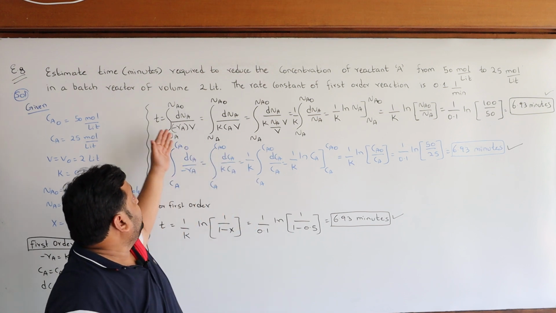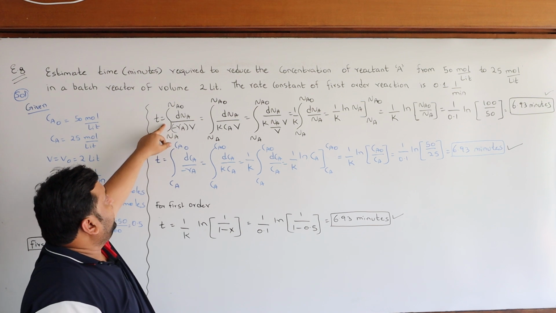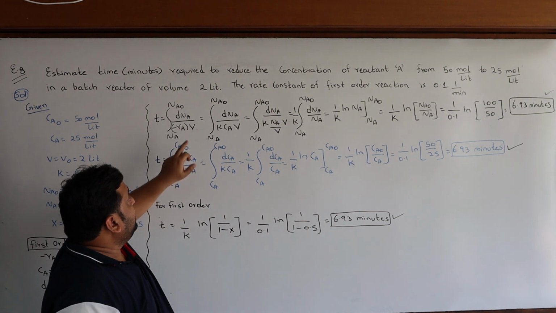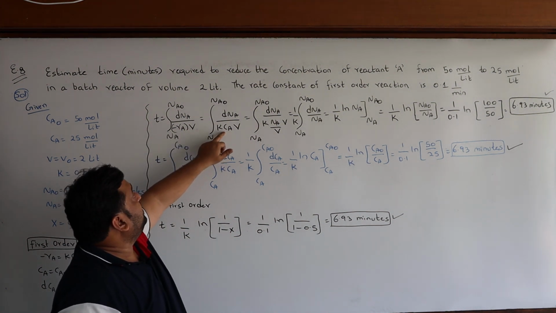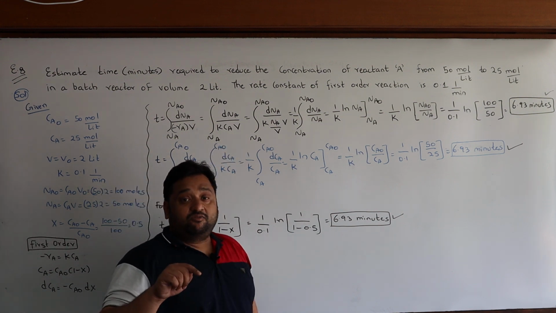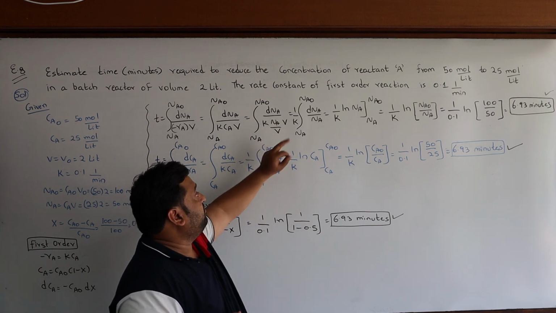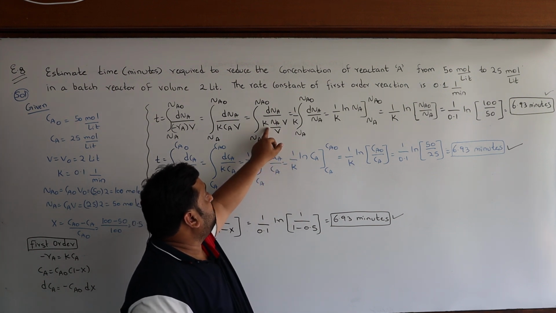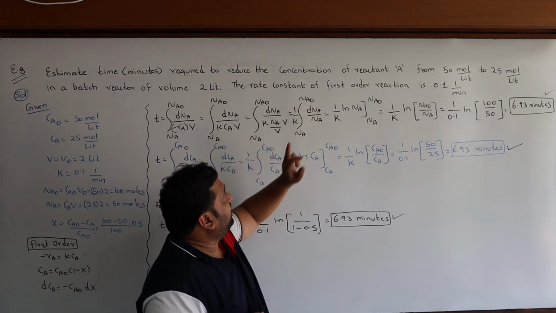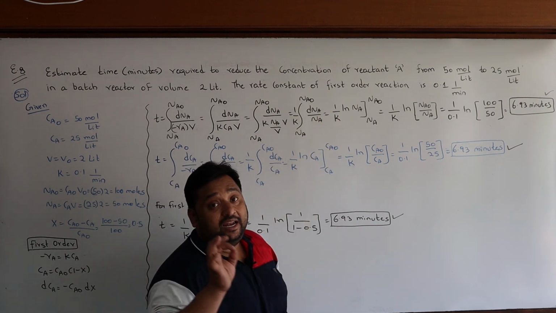First, the time with respect to moles. We know the formula T equal to integral from final mole to initial mole of dNA by minus RA into V. I know minus RA equals K Ca into V, and Ca, final concentration, is equal to moles by volume, Na by V. This V gets cancelled out, K is a constant and comes out of the integration: 1 by K into integral Na to Na0 of dNA by Na. I know integral 1 by x dx is equal to ln x.